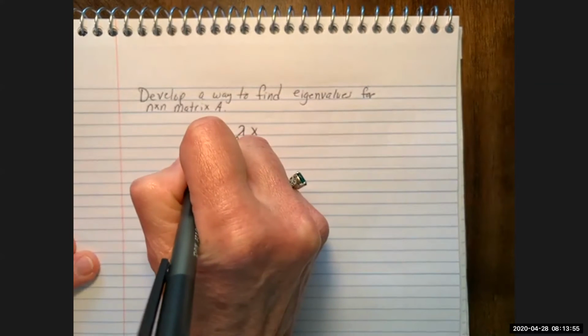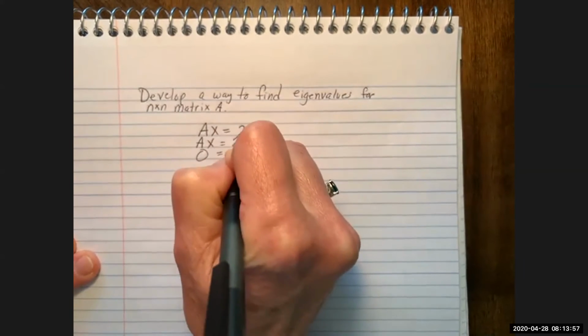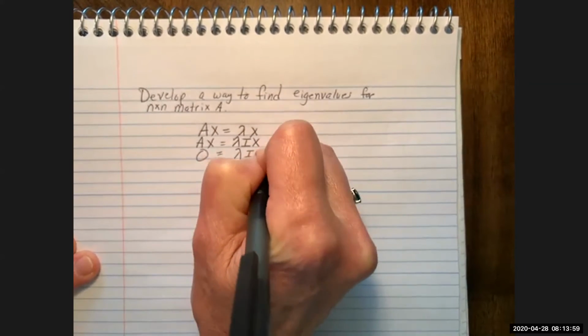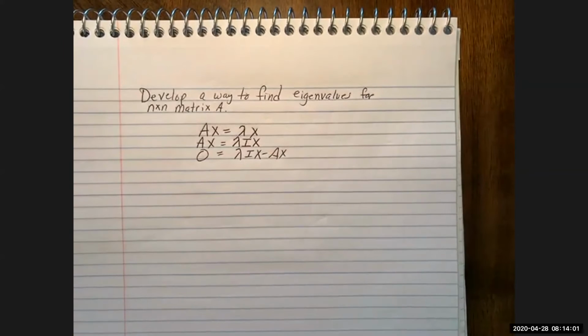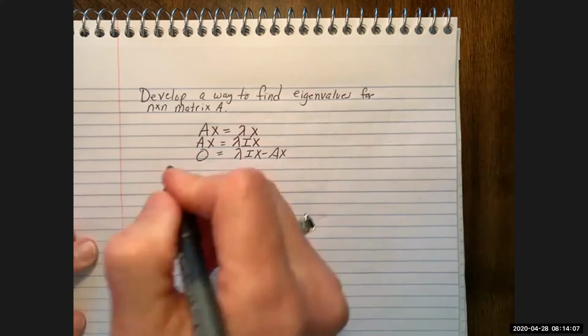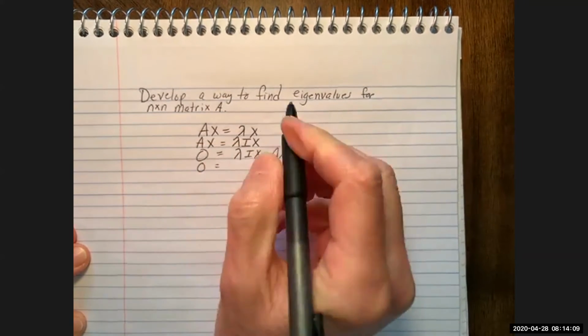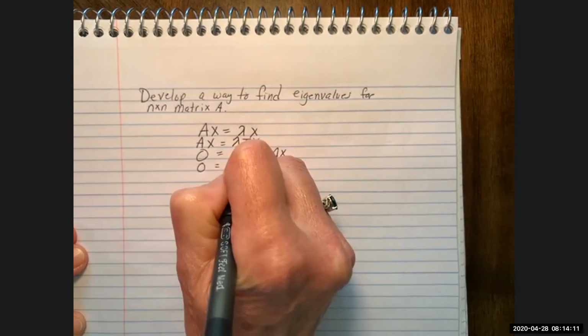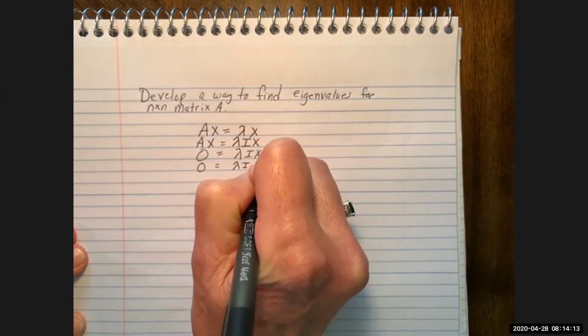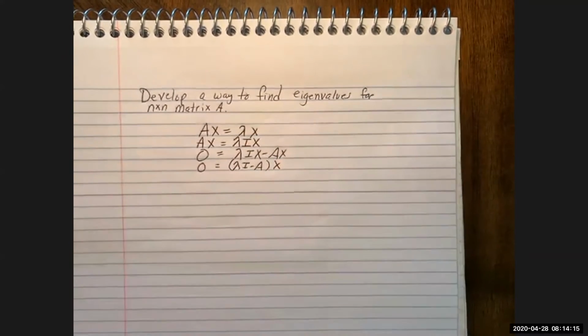I'm going to subtract Ax from both sides. So 0 would be lambda I x minus Ax. So 0 is lambda I minus A times x.